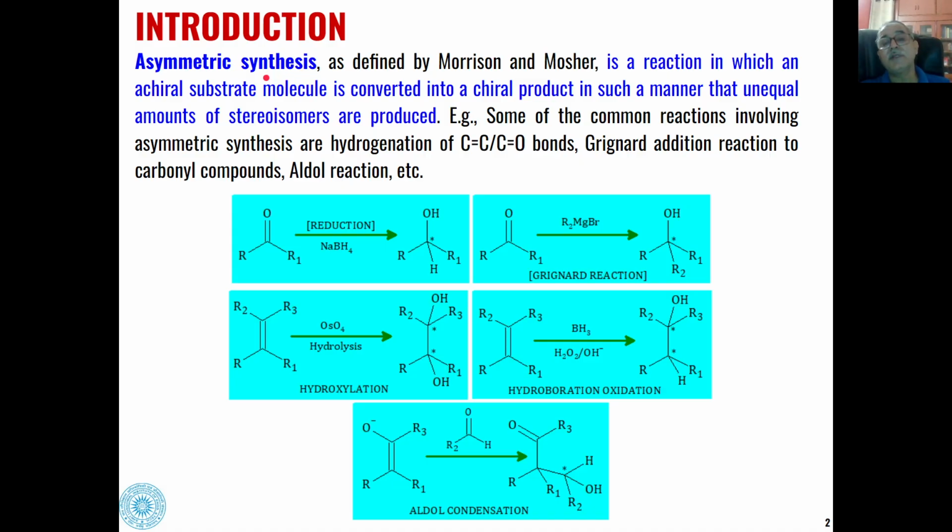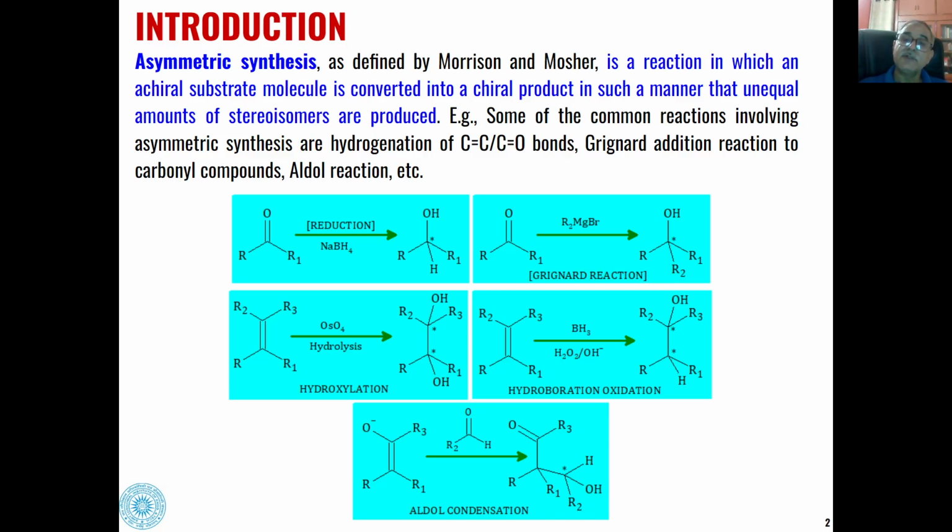As far as asymmetric synthesis is concerned, as defined by Morrison, this is a reaction in which an achiral substrate molecule is converted into a chiral product in such a manner that unequal amounts of stereoisomers are produced. We know that if an optically inactive substrate is converted into an optically active product, generally a racemic mixture is formed.